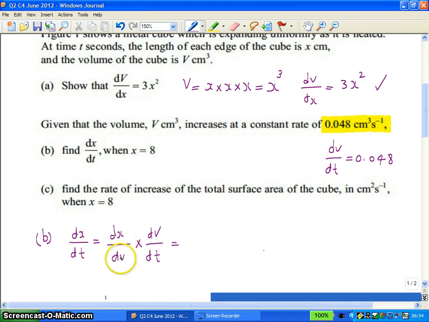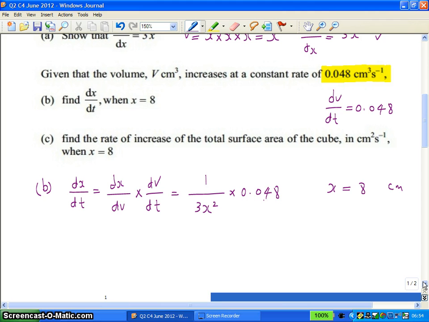Okay, dx/dV, we got that here. Well, we got dV/dx, so therefore dx/dV must be the reciprocal of that, so that would be 1 divided by 3x squared, and dV/dt is given to us to be 0.048, and we're asked to work this out when x is equal to 8 centimeters.